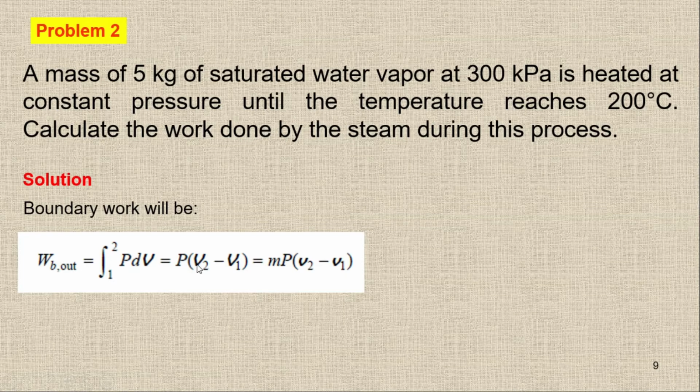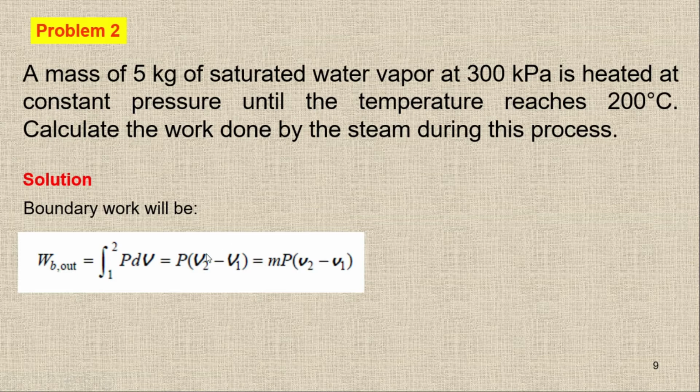Now here we have the volumes, and we don't know any volume in the question. So I am going to replace this capital V by m times the specific volume, because you know the specific value is always equal to the actual value divided by mass.